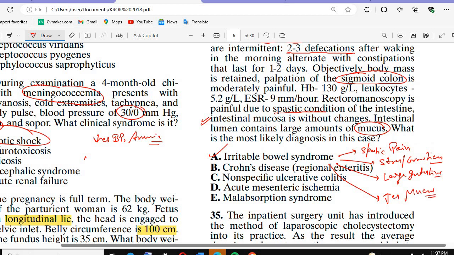Okay, so all these are what? And one more thing, these are painful conditions like spastic pain. So all these are associated; mainly they will give you a question about stress or emotional things. All these are the symptoms and causes that we will see in a patient with irritable bowel syndrome.